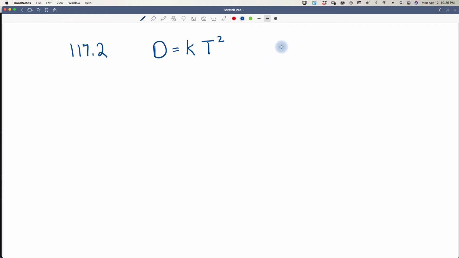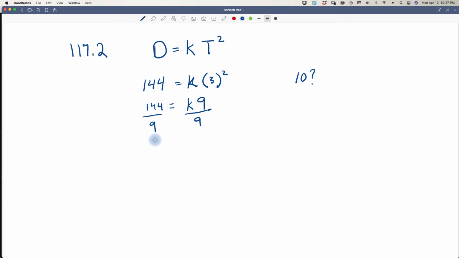If it falls 144 feet in 3 seconds, how far will it fall in 10? So all we need to do is square this. So 144 equals k times 3 times 3, so k times 9. Divide everything by 9.